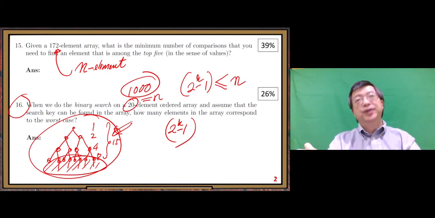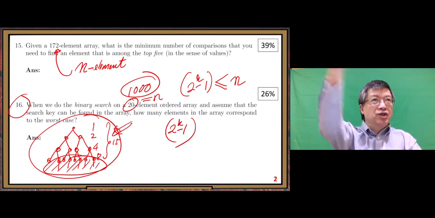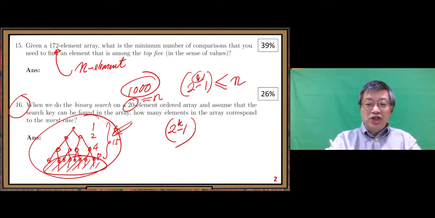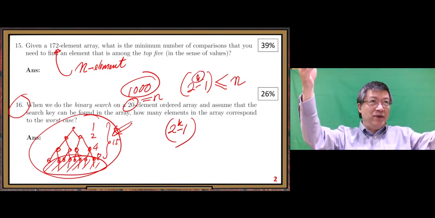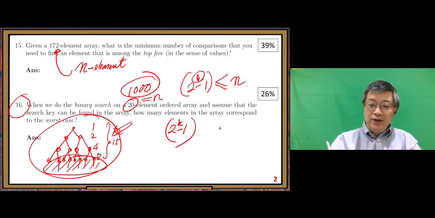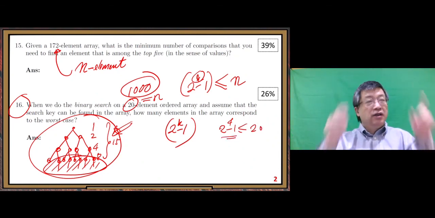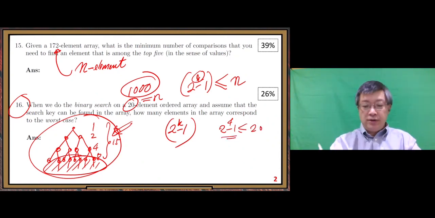Let's include equality: if n equals a power of 2 minus 1, it's okay. What is the largest k for it? 2 to the 4th minus 1 is less than 20, right? After you find that, take the difference of these two numbers: 20 minus (2 to the 4th minus 1). That's the answer.